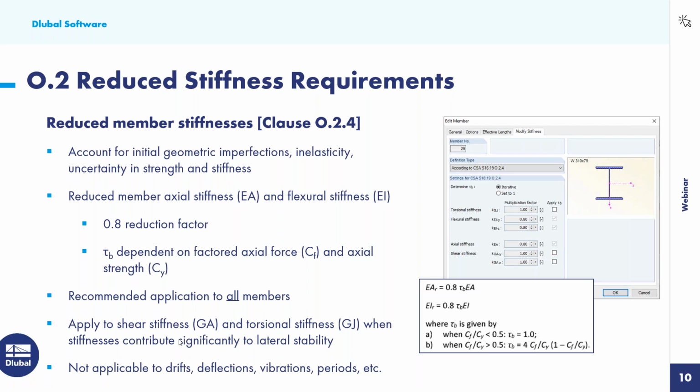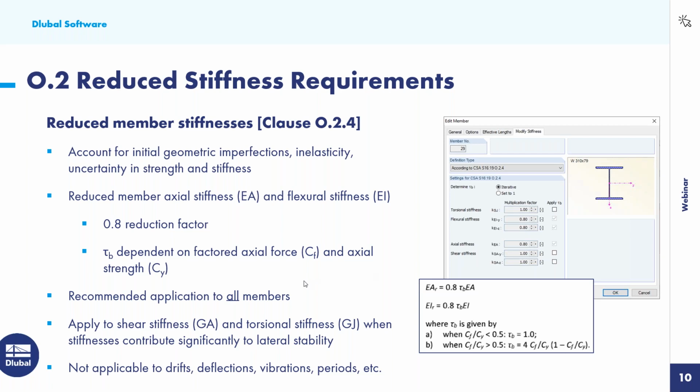So what we potentially have the ability to do is to also consider this 0.8 and tau sub b reduction factor for the rest of the stiffnesses as well for the member, not just axial and flexural. And over on the right, we have our dialog box where in just a minute, we'll show how to apply these stiffness reductions. And you can see that for the CSA standard, we actually list all the different stiffness options here and how those factors can be applied to them differently.